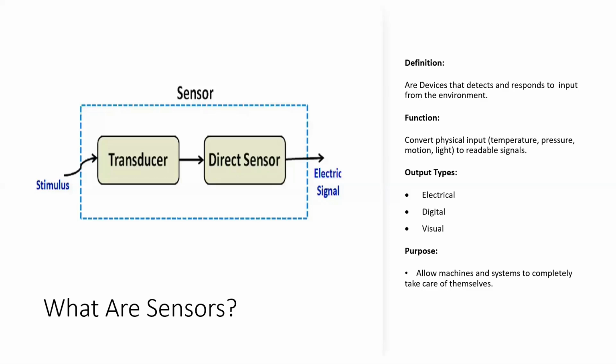They require transducers or transmitters in order to convert this detected signal into a readable signal, such as an electrical signal. It could be digital, it could be visual. The purpose of sensors as a whole is to allow machines and systems to take care of themselves without human intervention.